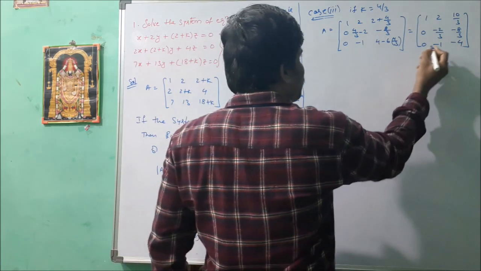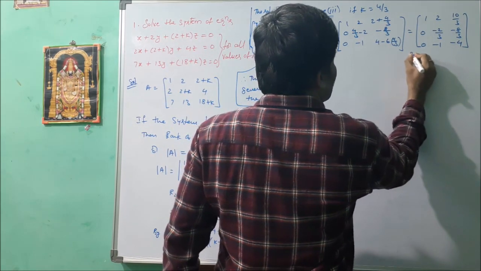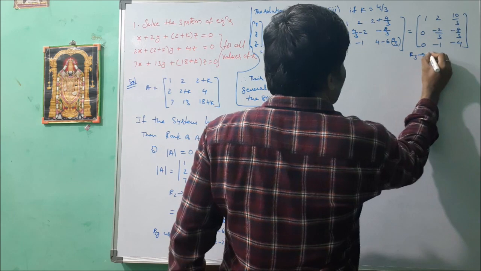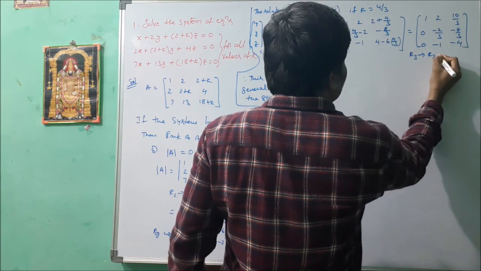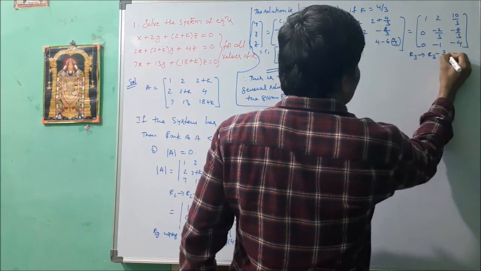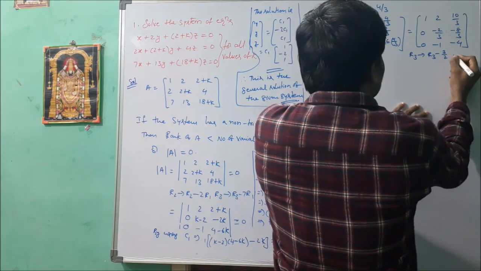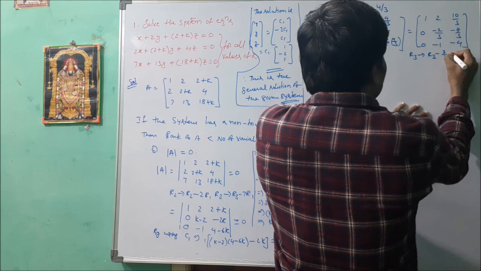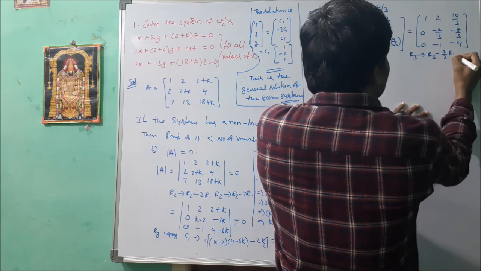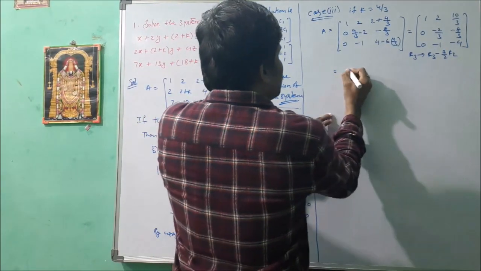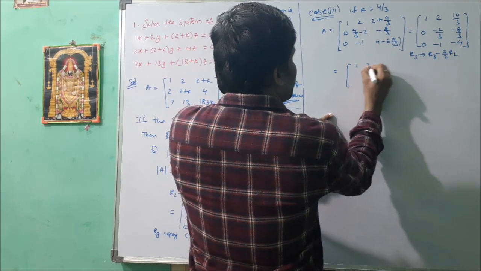Now the transformation is R3 changes to R3 minus 3 by 2 R1. The first two rows do not change.